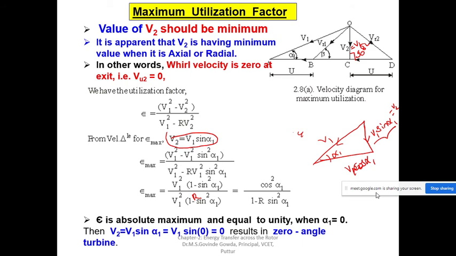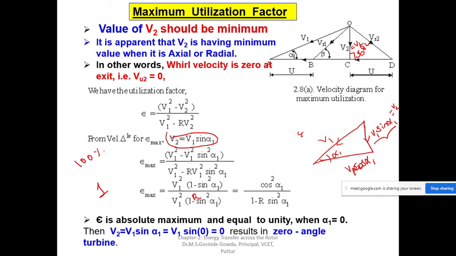If it has to be maximum, maximum means what? 1. Whenever we say something is maximum, when it reaches 100%, it becomes maximum. So if I say this is 1, then cos square alpha 1 by 1 minus R sin square alpha 1 should be equal to 1 now. Maximum condition is 100%, right?